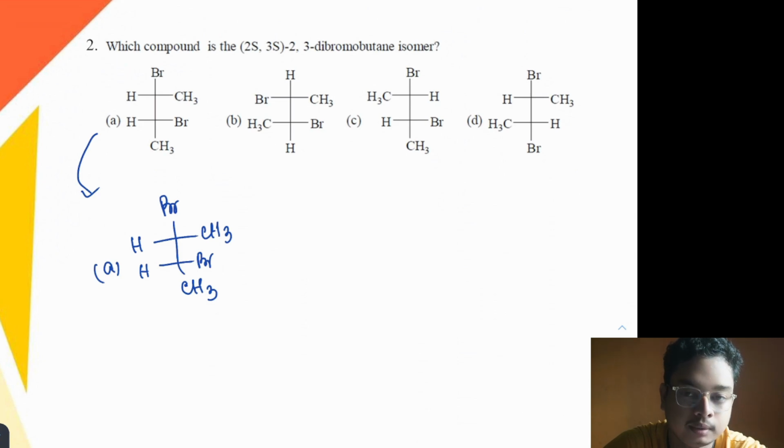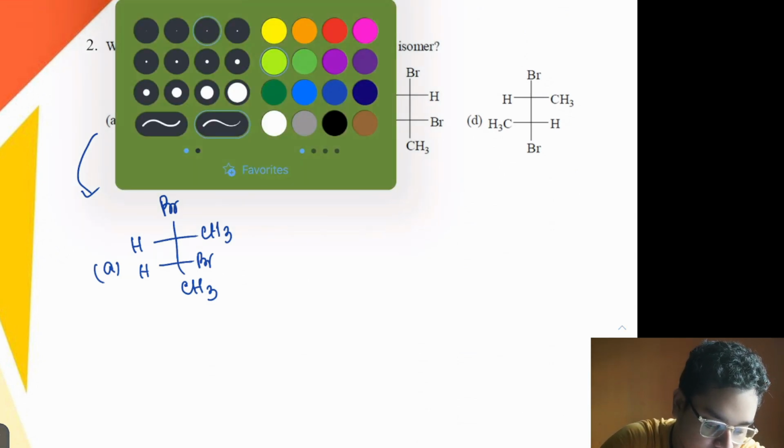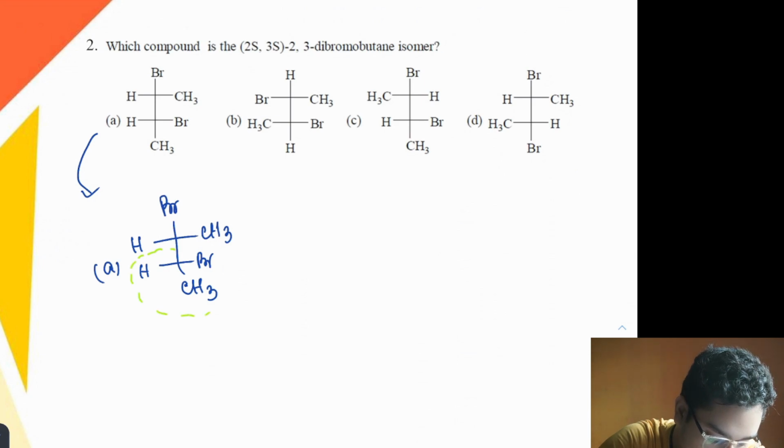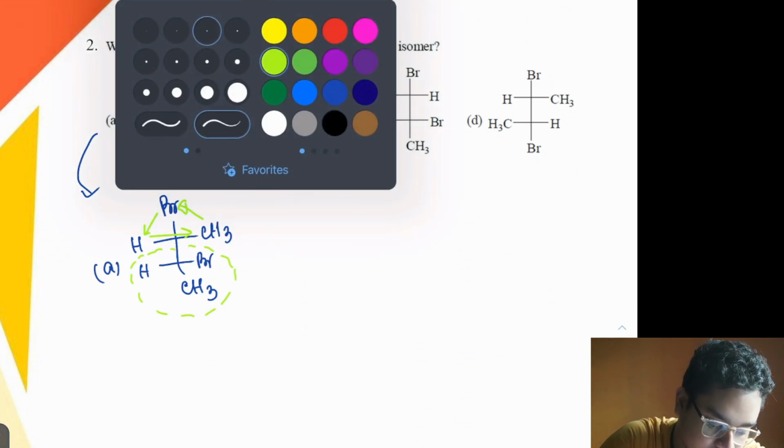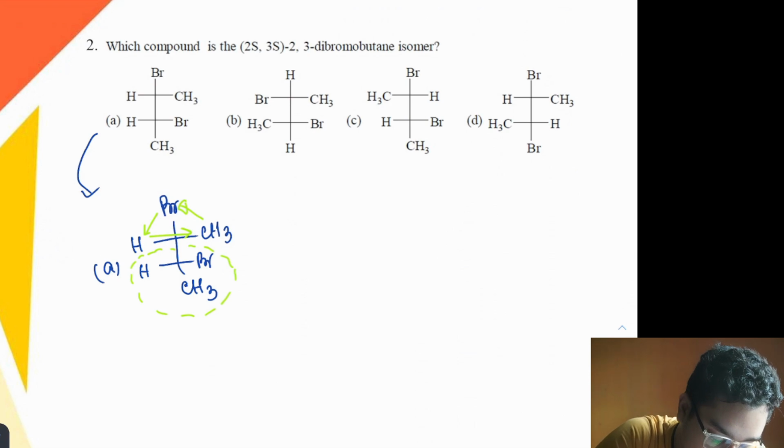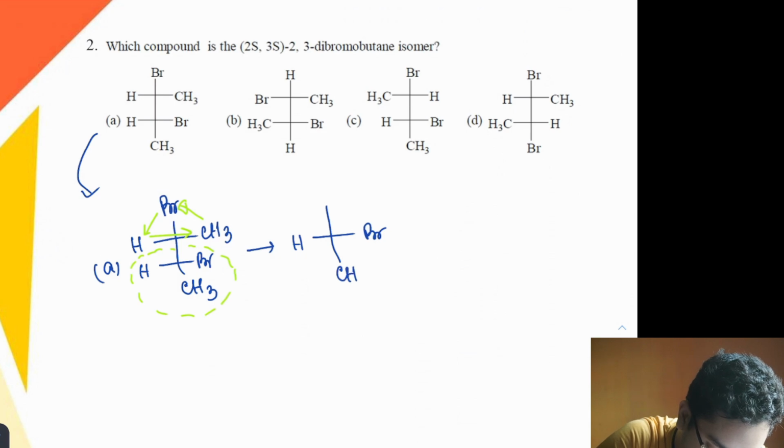One rule of Fischer projection suggests that you can keep this particular group constant and interchange this other group. If we interchange this group such a way, then this part will be intact, and here the bromine comes here. H.